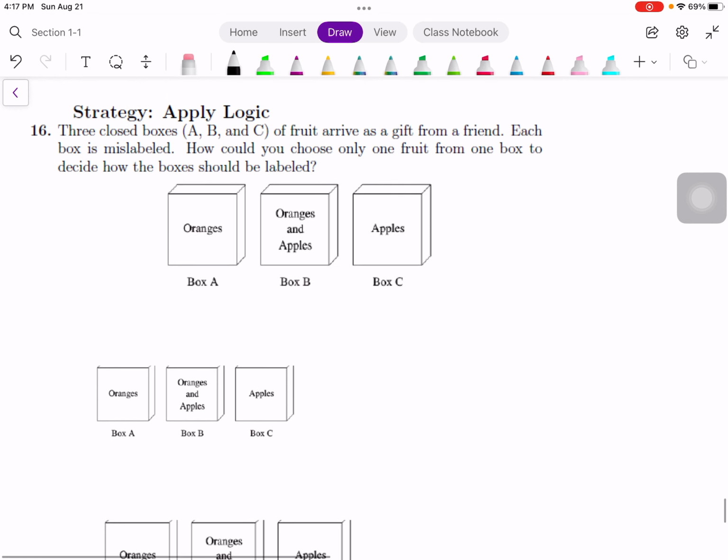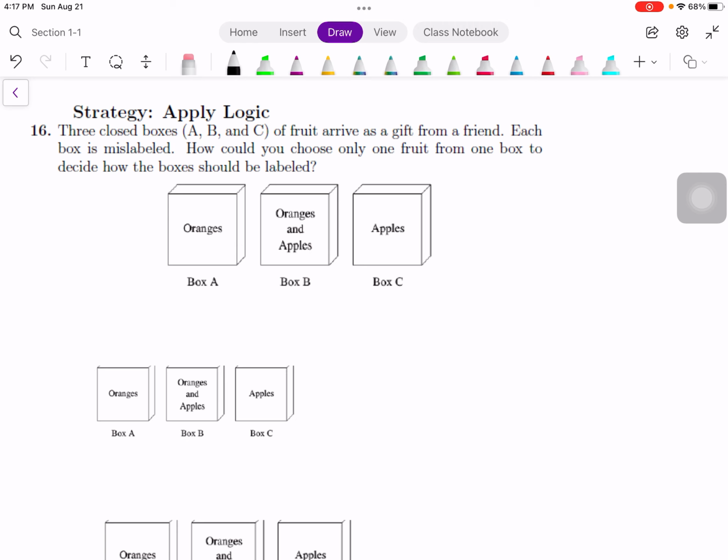Okay, and the next strategy we're going to use is applying logic. Although we try to apply logic to every problem, even the ones before, sometimes there are no computations, no diagrams, nothing that can help, just the logic itself. Three closed boxes, A, B, and C, of fruit arrive as a gift from a friend. Each box is mislabeled.